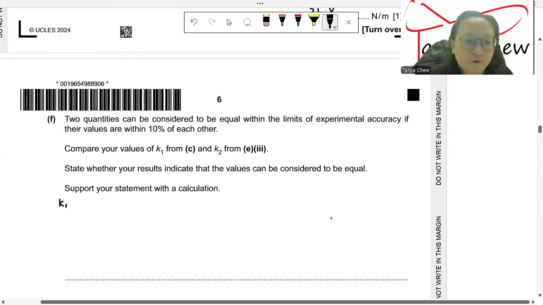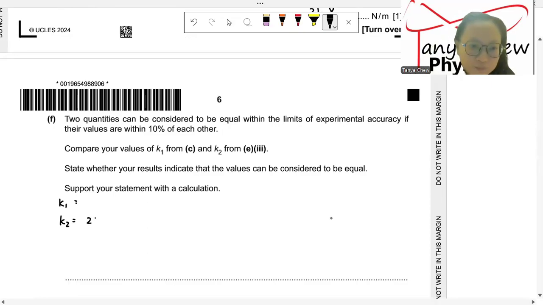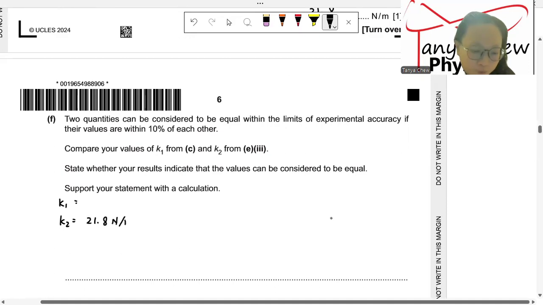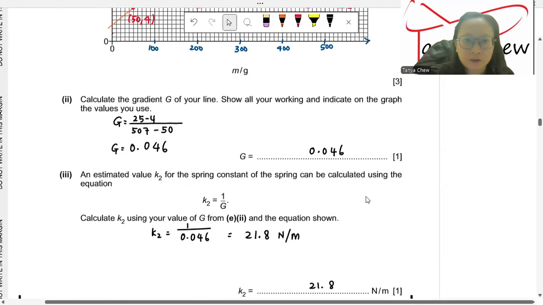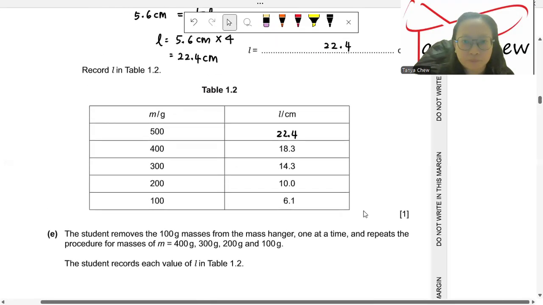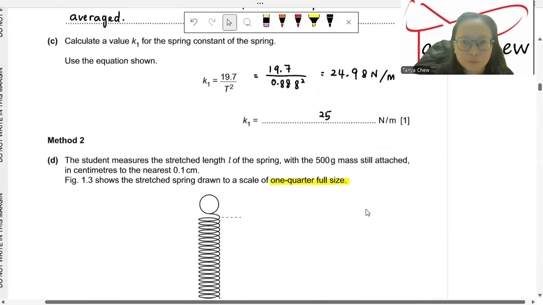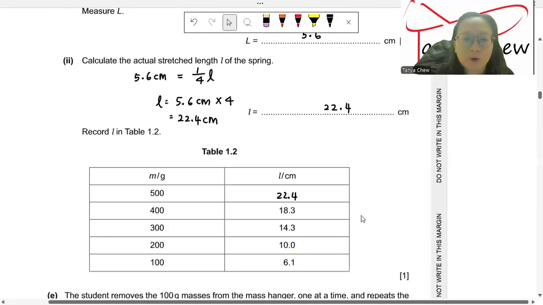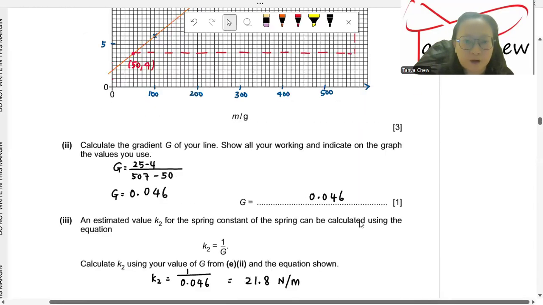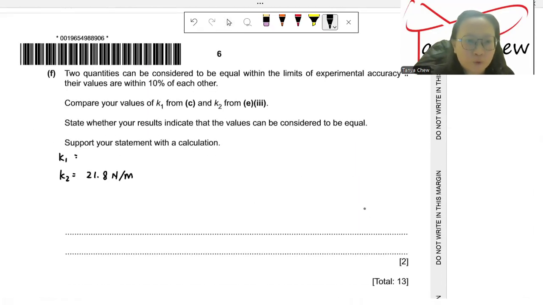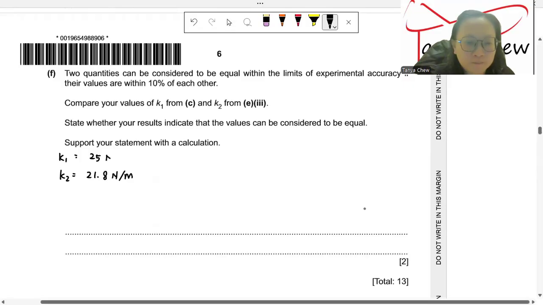So I write down the value for K1 and K2 first. K2, I got 21.8 Newton per meter, and my K1 is 25. So I'm going to put 25 Newton per meter.